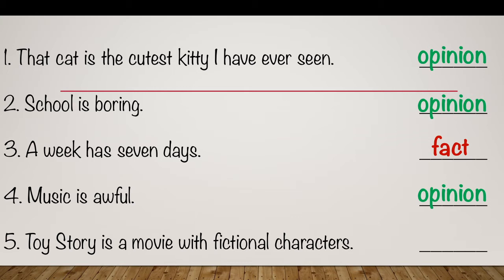Number 5, Toy Story is a movie with fictional, made-up characters. It's a fact because it is a movie, isn't it? And the characters in the movie are made up. They are not real, like real people that really existed. So that's a fact.